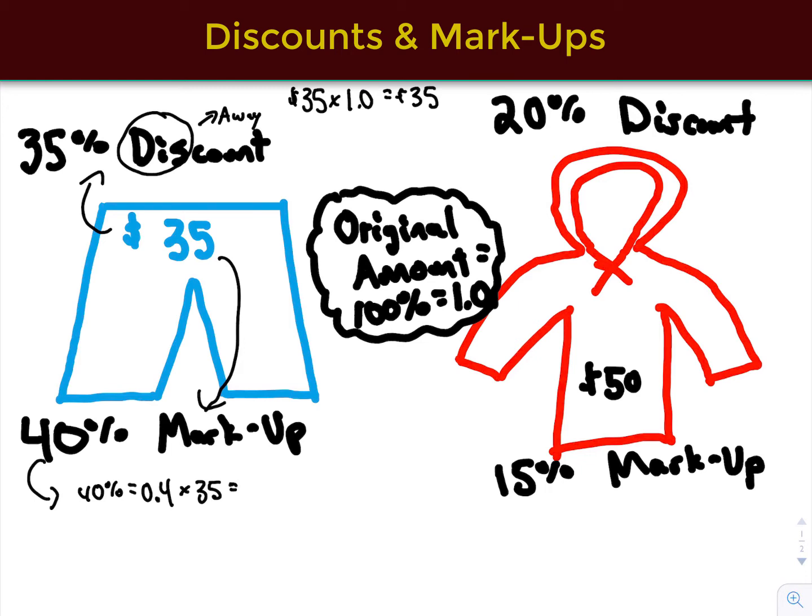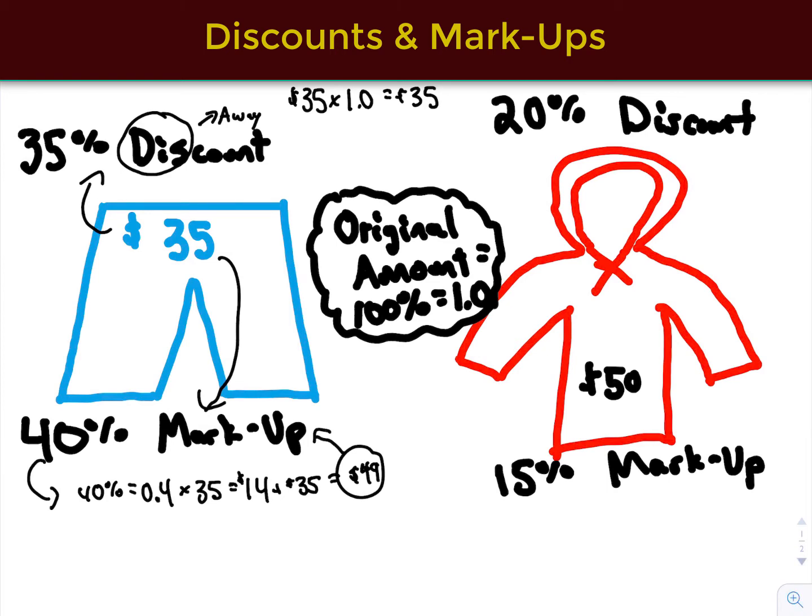And when I do that, I realize that 0.4 times 35 is $14. So if the original price was $35 and I'm marking it up 14, I'm going to add that 14 to the 35 for a new cost of $49 for the markup.